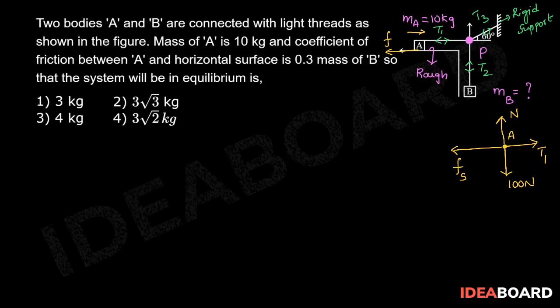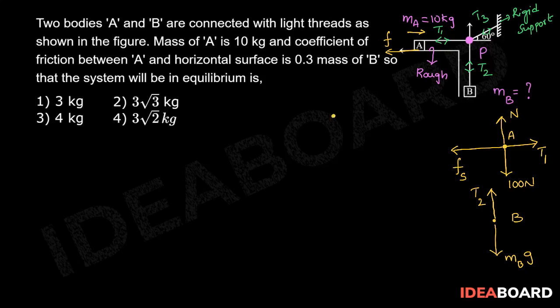Now let us draw the free body diagram on block B. Its weight mBg acts vertically downwards, and tension T2 acts vertically upwards.